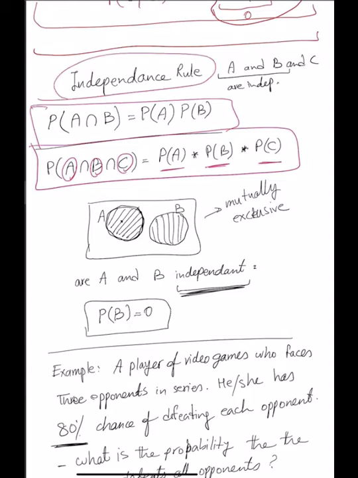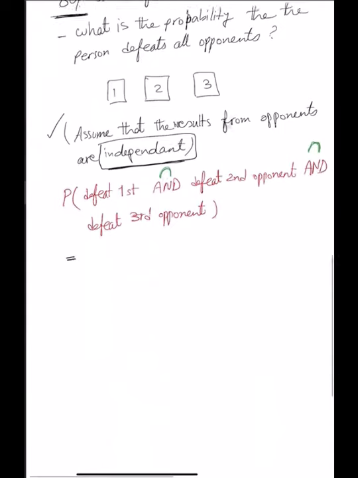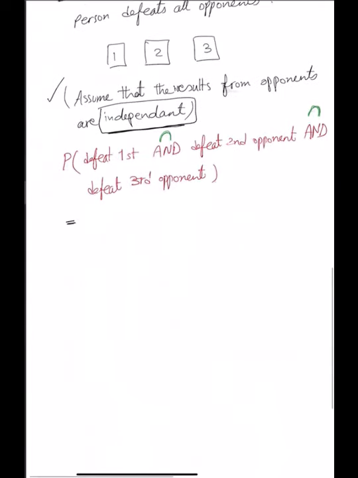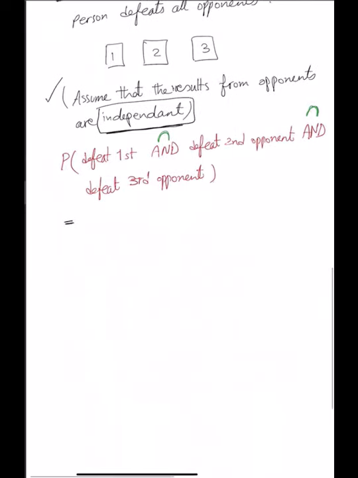That's the independence rule, right? So then how do you answer that here? It will be the probability of the first times the probability of the second times the probability of the third one.